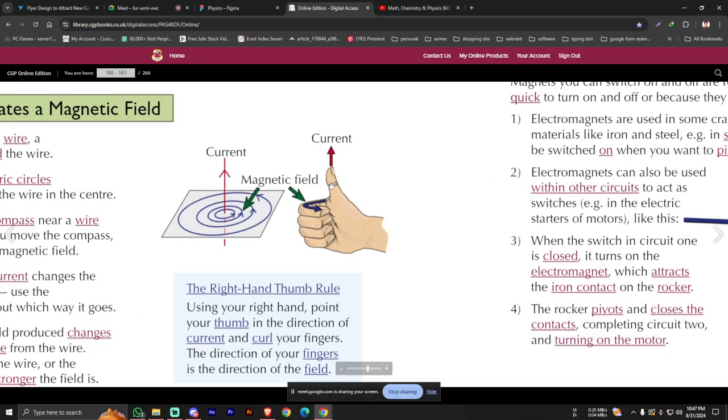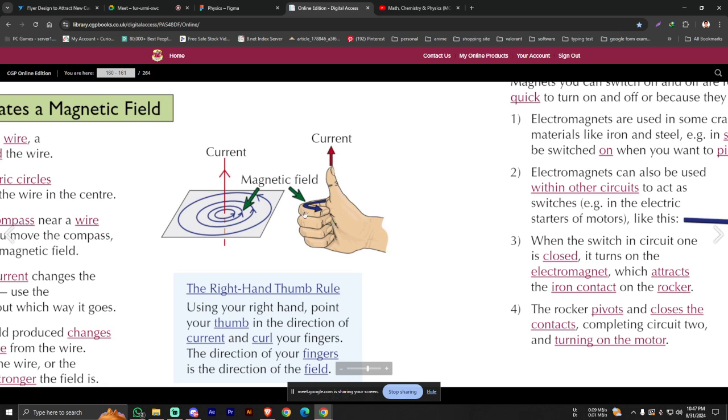So for the right hand rule, we have to focus on this part right here. The thumb's direction is considered as the current direction, and the fingers' direction is considered as the magnetic field's direction.